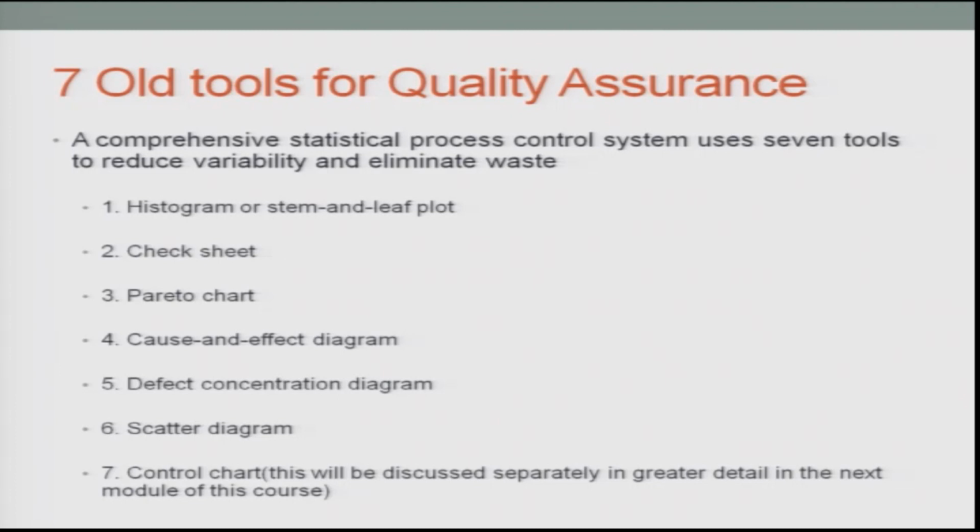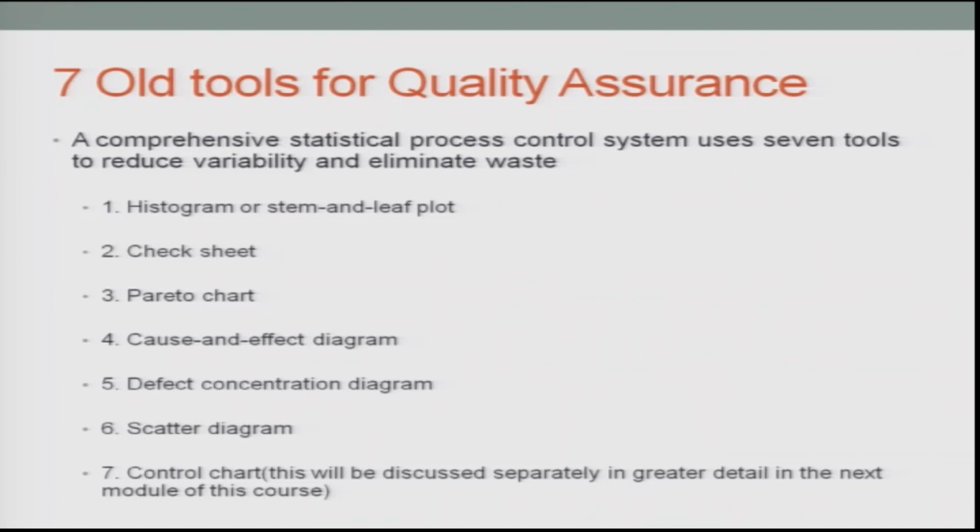So, one is the histogram or the stem and leaf plot and how they are implemented and utilized as statistical process control tools. I will come to that. Then you have the checklist or the check sheet. Then you have Pareto charts and Pareto analysis, and how they can be utilized.